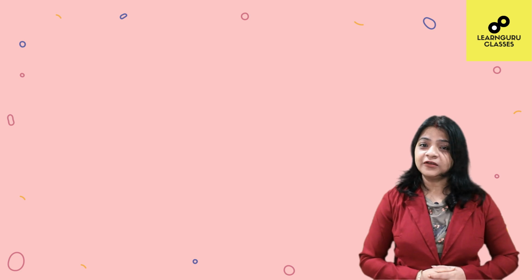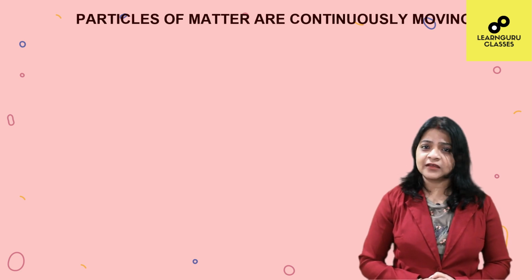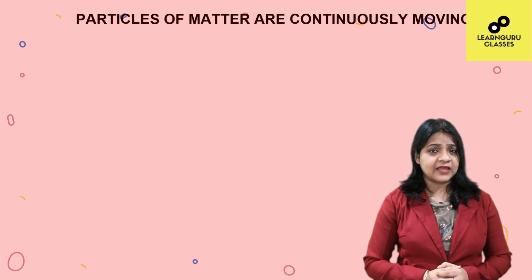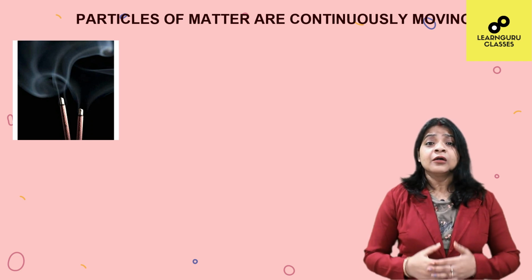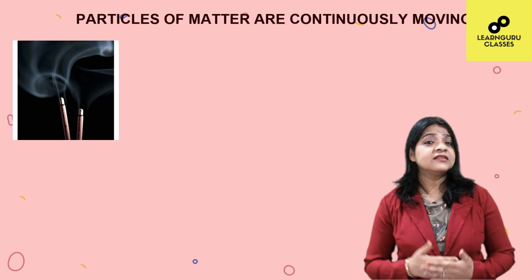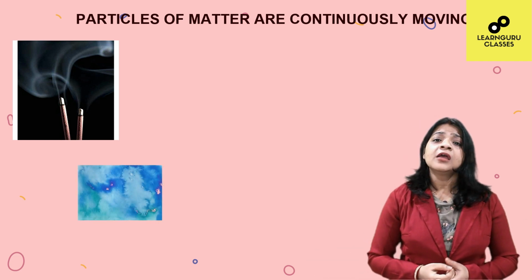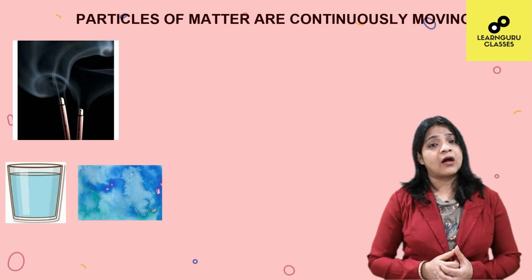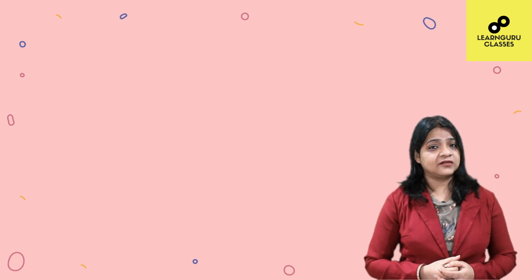The second property of matter is that particles of matter are continuously moving. Have you ever noticed that when you light an incense stick, the fragrance of the incense stick spreads throughout the room? Or if you add a blue dye in a glass of water, the glass completely turns blue. Why is it so?